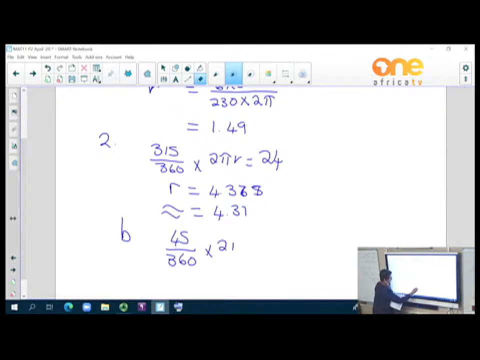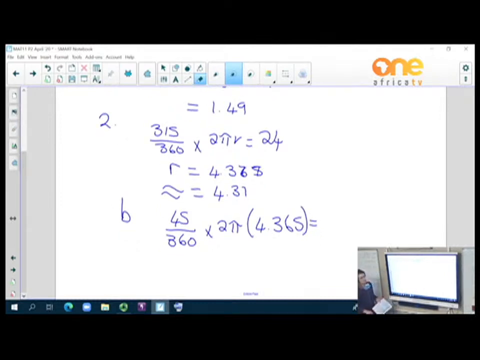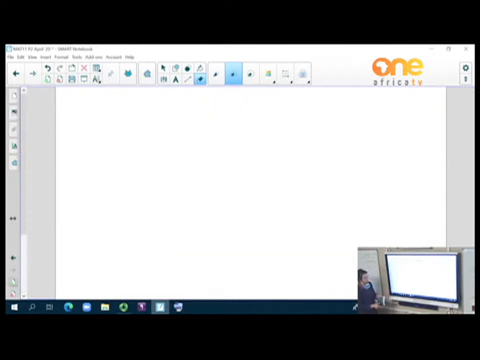So times 2 pi. And now I use this radius of 4.365, the unrounded one. That's what you're going to use, that unrounded radius. So the final answer is 3.43. So this is another way they can ask it, and not just straightforward finding that arc length or finding eventually the sector area.